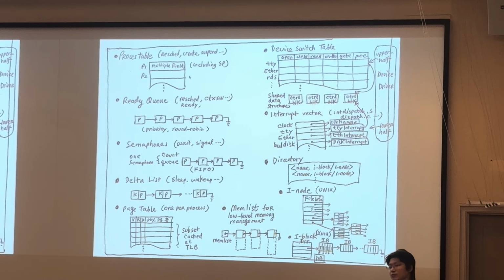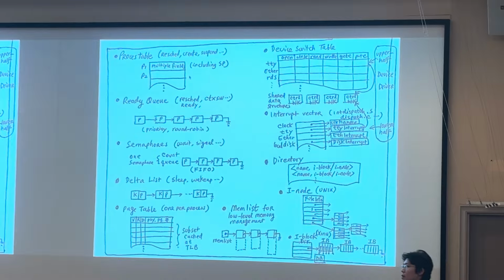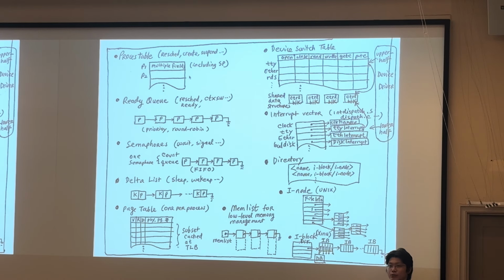And the other part of the device driver is responsible for handling the interrupts. Once some I/O operation finishes, the interrupt will be triggered. Once the interrupt is triggered, the CPU will identify which interrupt handler is responsible for this interrupt, and it will find the corresponding device driver's code to handle it.